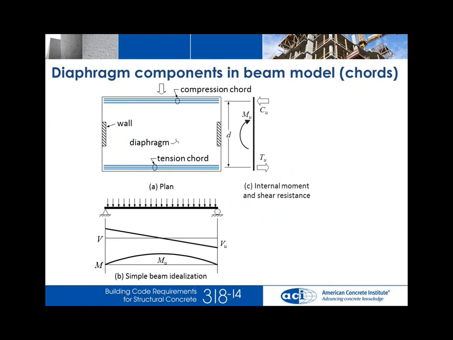The usual way of approaching the flexural strength, or the moment strength actually, for this case is to resist that moment by a tension and compression couple, preferred to be at the extreme edges of the diaphragm, which is explained in the commentary. And if you're resisting the moment with concentrated chord forces, as shown here, then equilibrium requires that the shear stresses be distributed uniformly through the thickness of the diaphragm.